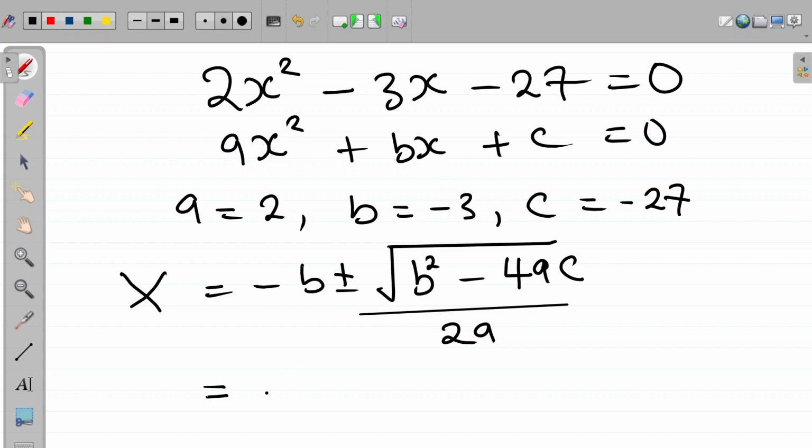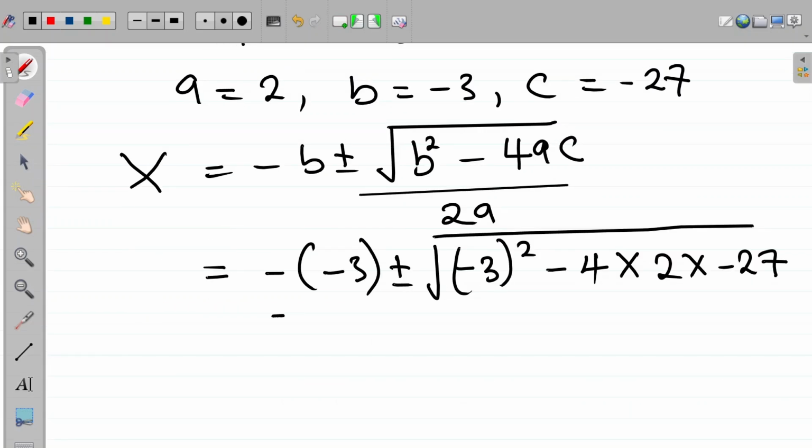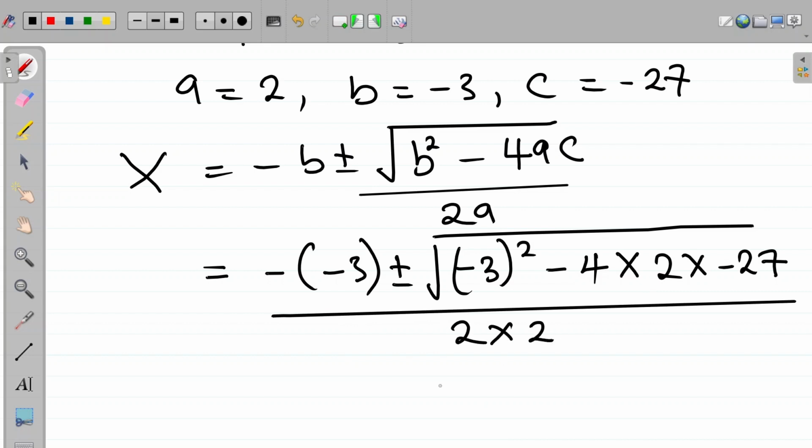So we have minus, open your bracket, minus 3 plus or minus root of minus 3 all squared minus, we have 4 times a is 2 times c is minus 27. All divided by 2 times 2.